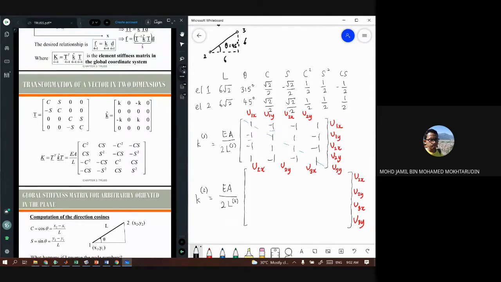Then just plug in the numbers. Okay. So also make sure that this stiffness matrix is symmetric before you combine them together.